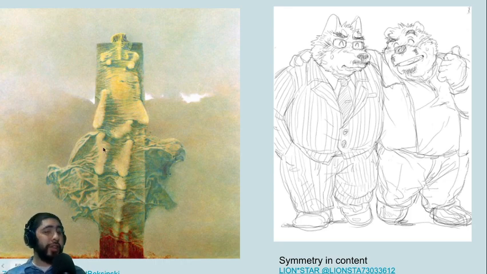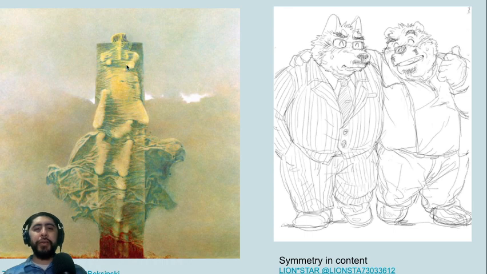But horizontally, it's not, because this brick red-ish color should also be here, and this cloth would also be up here. So the symmetry only exists from left to right. There are many different types of symmetry, like radial symmetry, but we're not too concerned about that right now. Maybe I'll talk about it later.